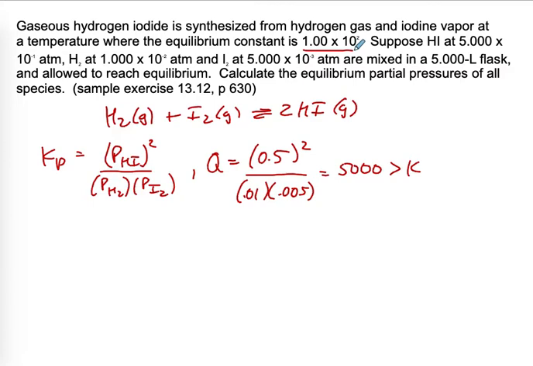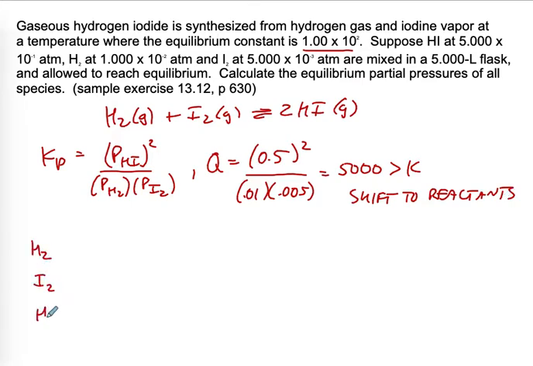So that means we're going to have to shift to reactants as the equation is written. Remember, the numerical value of K, 100, corresponds with the way in which we've written both the chemical equation and the equilibrium expression.